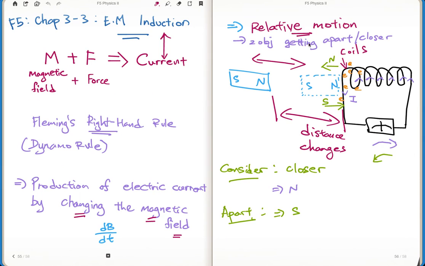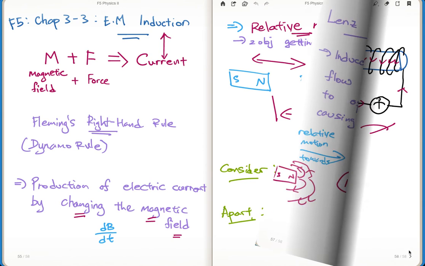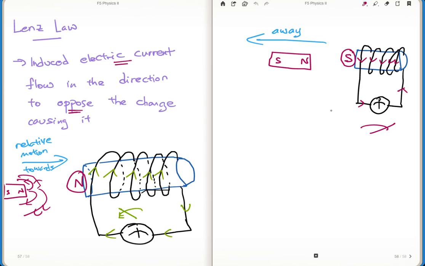To summarize what we have gone through here: you have a magnetic field, you have force, and you get an induced current. There are actually a few examples, but before we go to the next part, alternating current and direct current, how do you test that Lenz's law obeys Faraday's law? We mentioned Faraday's law in my first video.